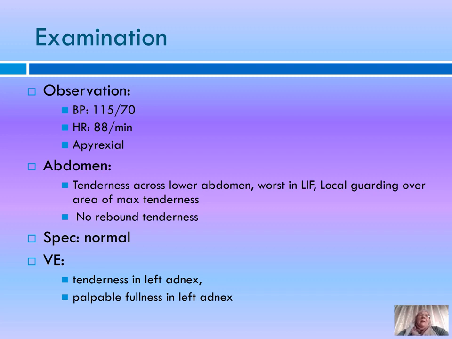This is worst in the left iliac fossa. You find some local guarding over the area of maximum tenderness, but there's no rebound tenderness at all. The speculum examination is normal, and during the internal examination, you find some tenderness in the left adnexa and a palpable fullness also in the left adnexa.